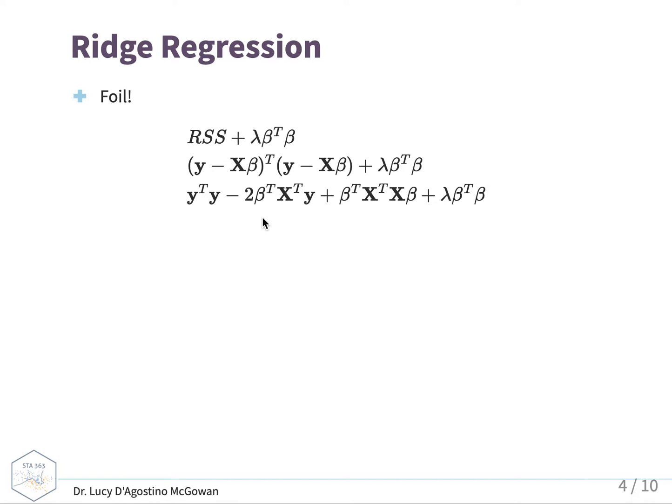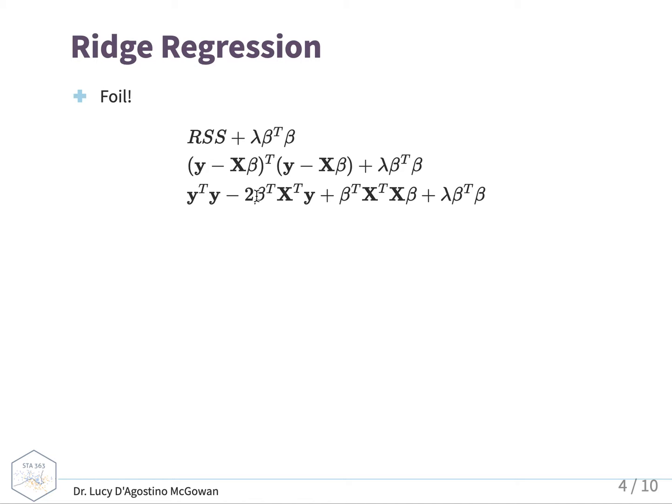And so those two terms combine. Why do those combine? Well, if you recall from our previous lecture when we learned how to derive the beta hat in the least squares estimator, beta transpose x transpose y is a scalar. It's always a scalar based on the dimensions of each of these vectors and matrices. And when you transpose a scalar, you get that same scalar back.